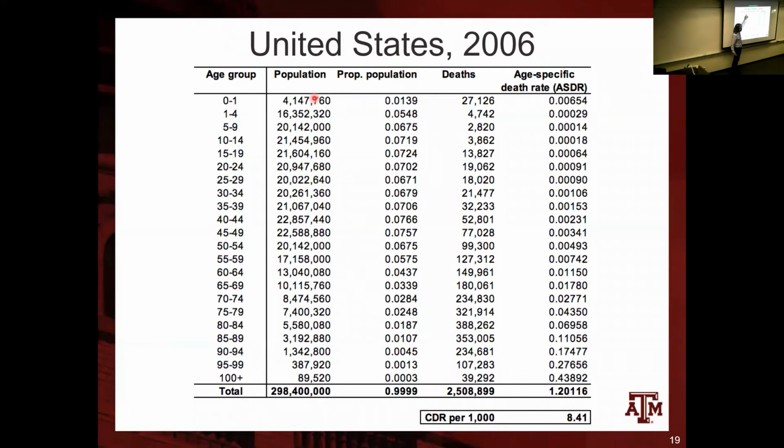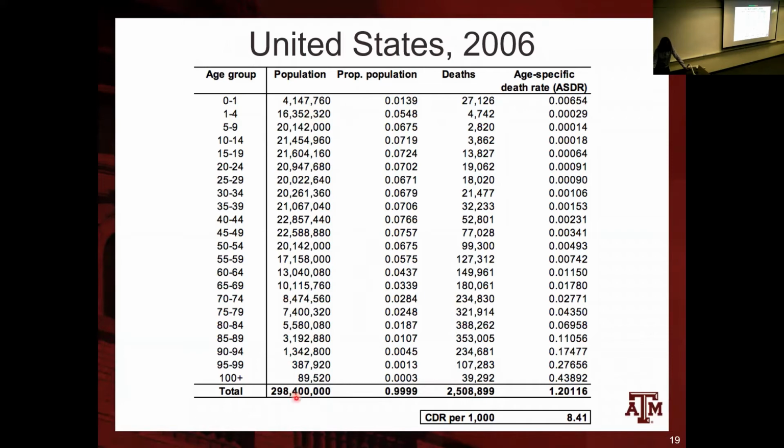You divide each one of the populations in each one of these age groups by the overall population. So how much is 4.1 million divided by 298 million? If you don't know how to do it, just read this slide: 0.0139. So this number divided by this is this one here.